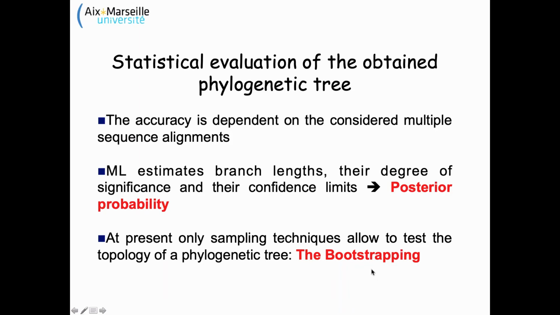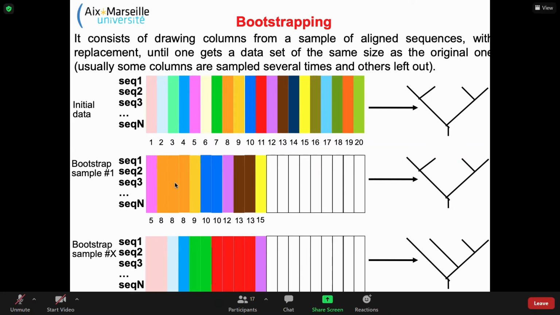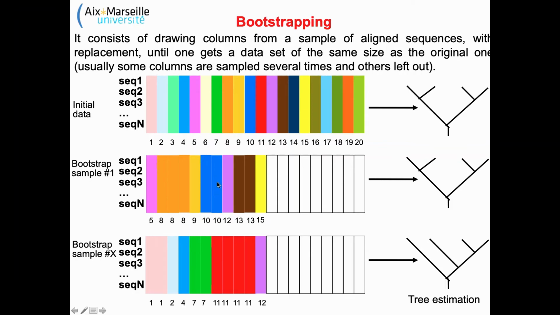So I will give a small explanation about how the bootstrap works. This is your initial data. You perform multiple alignment, and from this multiple alignment you get a tree. This is your tree on the right. Then you will pick several columns of your initial data and reconstruct several alignments.